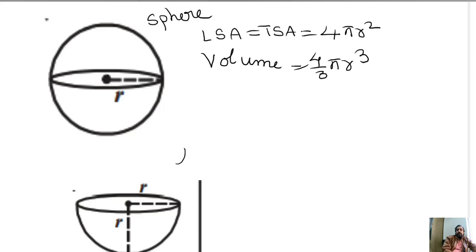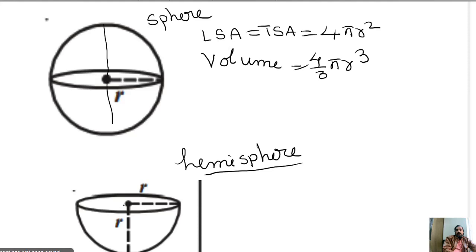Coming to hemisphere. The base radius is r and the height is r. Hemisphere CSA: there I used LSA and here CSA, both are the same, since it is the curved area.